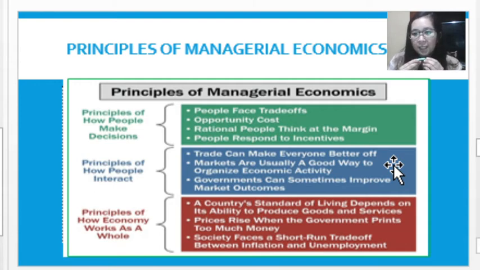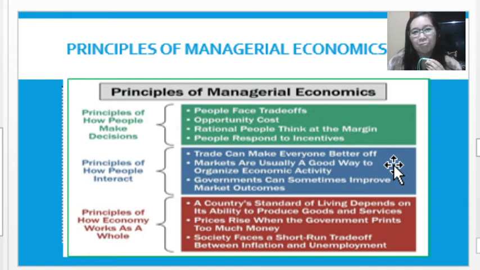The next is markets are usually a good way to organize economic activity. This is where our financial market or whatever market it may be comes in. By the way, in your financial market subject, you will learn that there are different types of markets, not just a supermarket or wet market.